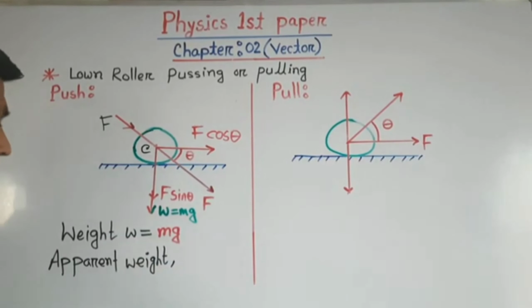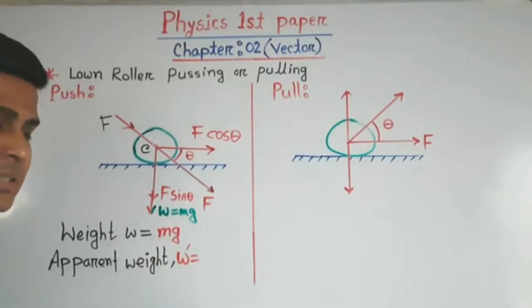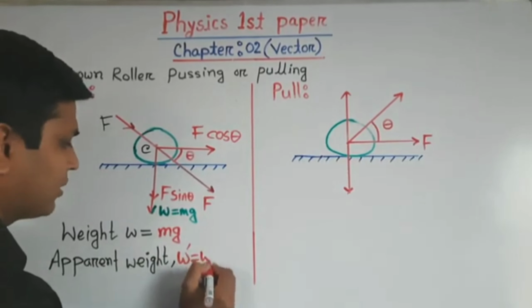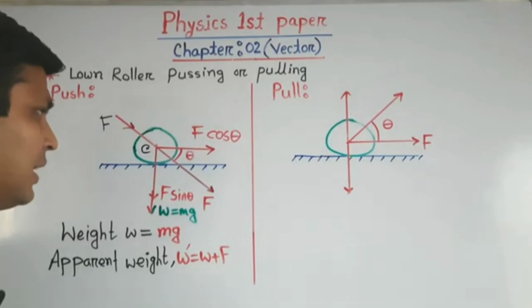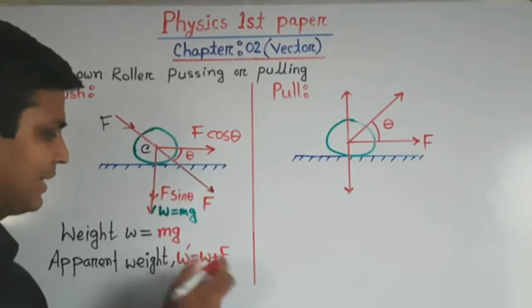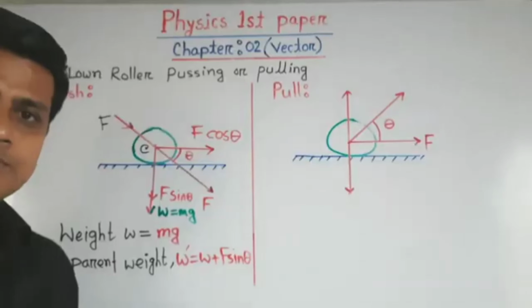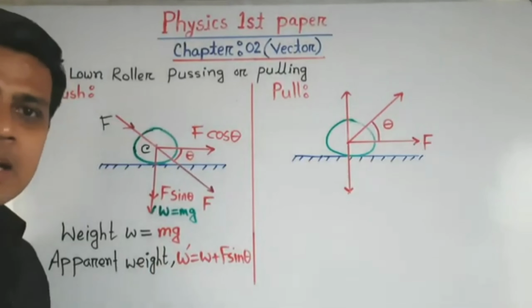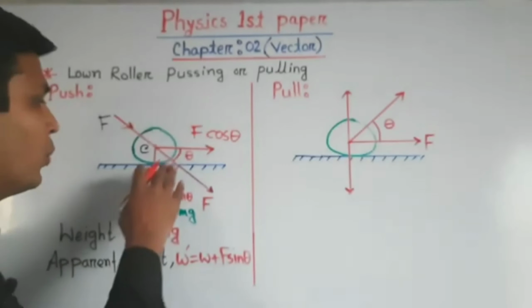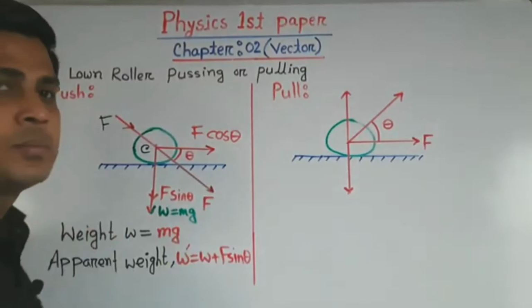Suppose the apparent weight of the lawn roller is considered W prime, which will be the addition of the weight of the body plus the vertical component of the applied force, that is F sin theta. And that is why the weight of the lawn roller is increased and friction with the ground will be increased. That is why it is difficult to push.